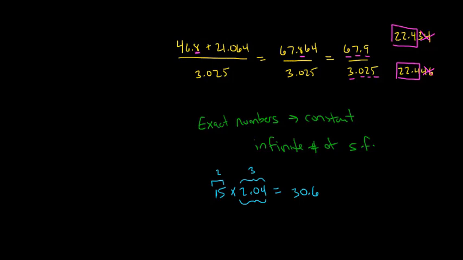So 30.6 is the correct answer. If we had 15, again an exact number, plus 2.04, we know the answer here is 17.04, and we're going to retain the same number of decimal places, 2 decimal places, as 2.04 because 15 does not influence the number of decimal places that carry through into our answer. So our answer actually ends up having 4 sig figs instead of 3 like we originally had.